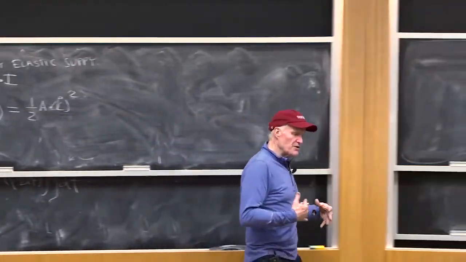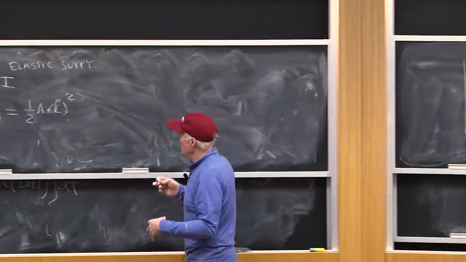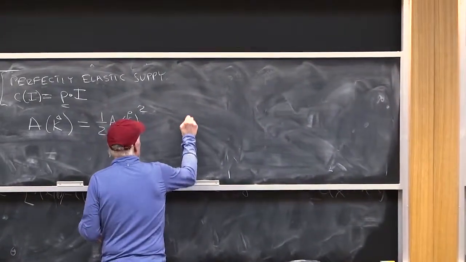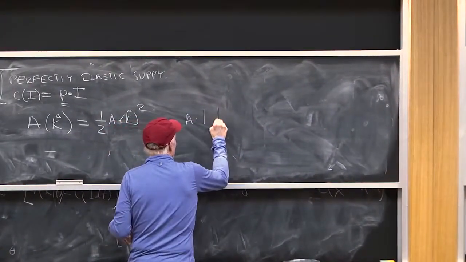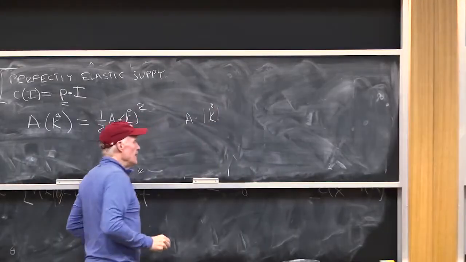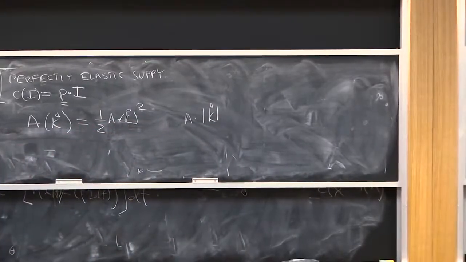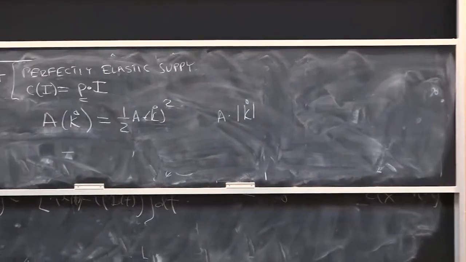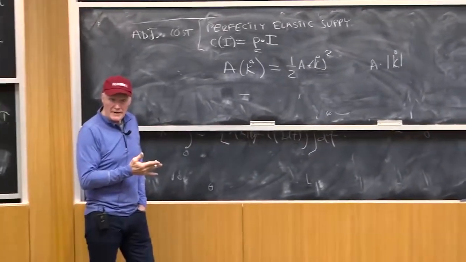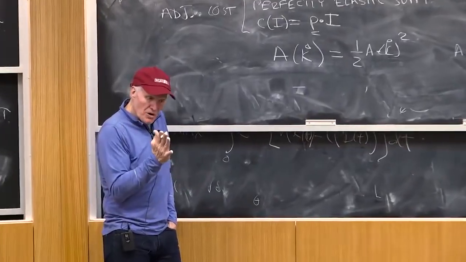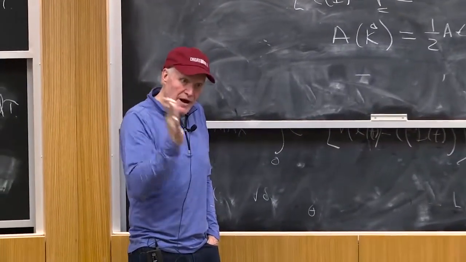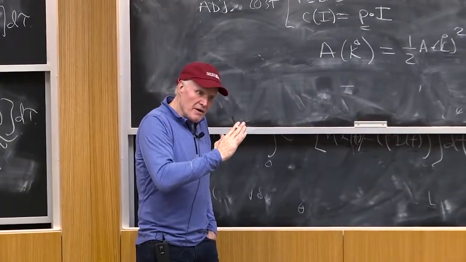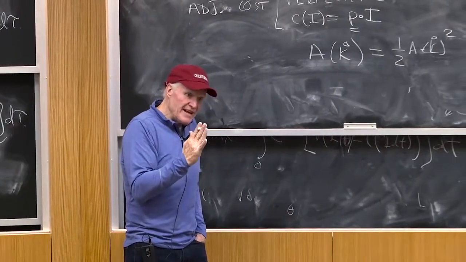Now, there's a ton of other adjustment cost models you can come up with. You could use A times the absolute value of K dot. Now, that is going to have some different properties, right? Because what's going to be different here? Think about it. A is going to be the marginal cost of going up and the marginal cost of going down. So there's going to be a whole region of inactivity, right?